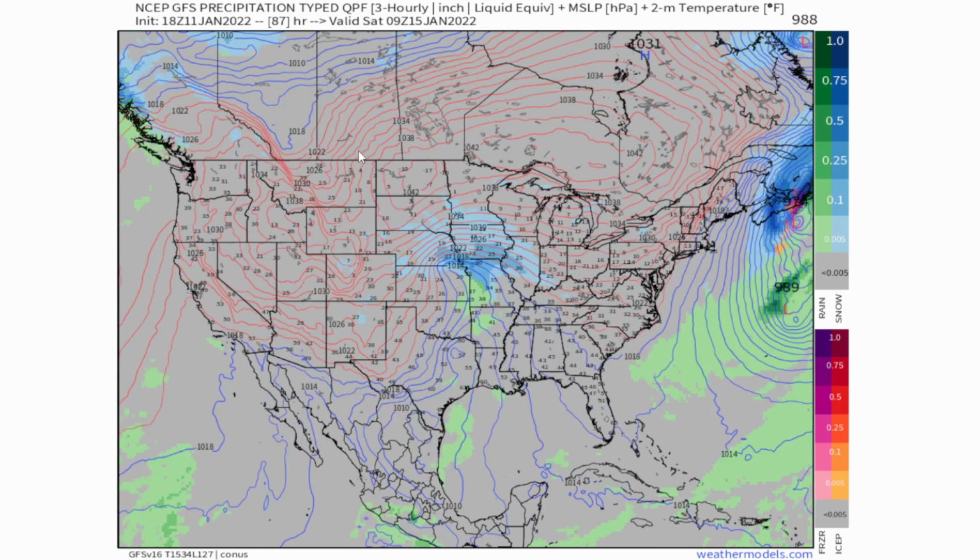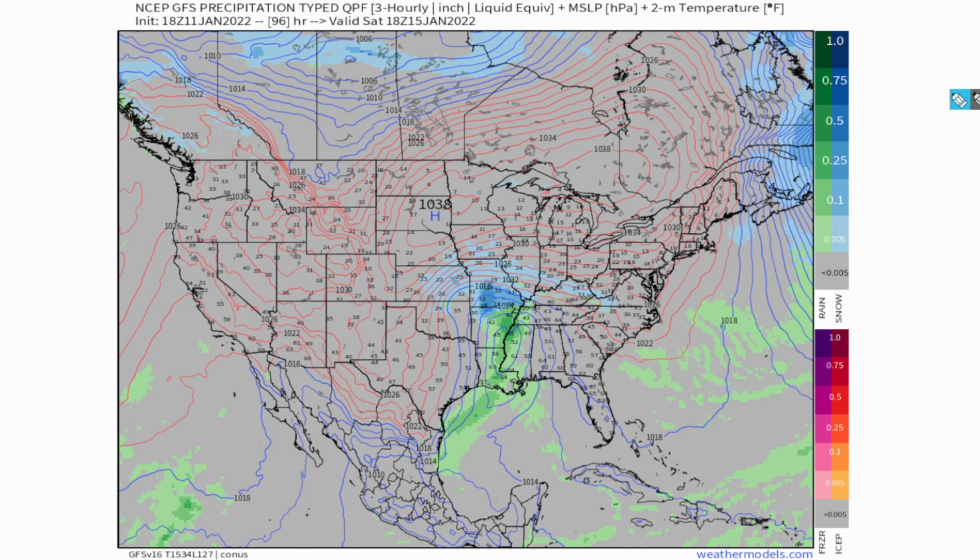Now, what's interesting about this low pressure system is it starts way up here, and then it just blasts south here into Arkansas, and then it kind of slows down in the Ohio Valley region or the Mid-South area. And it's going to be skyrocketing as soon as it hits the jet stream. As soon as it hits the jet stream here, it's going to be skyrocketing up into the northeast.